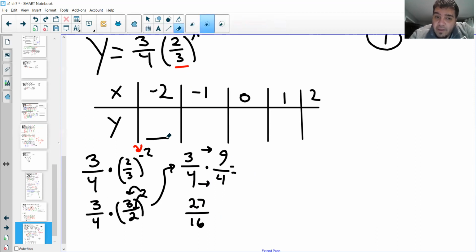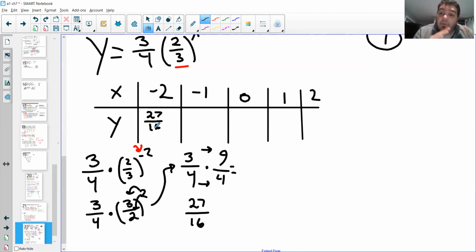In terms of graphing, it might be easier to change this into a mixed number. In terms of filling in the table, I would keep it the improper fraction. So I'm going to fill it in the table as 27 over 16. But there's nothing wrong with taking a calculator and finding the decimal of it. There's nothing wrong with that, okay?